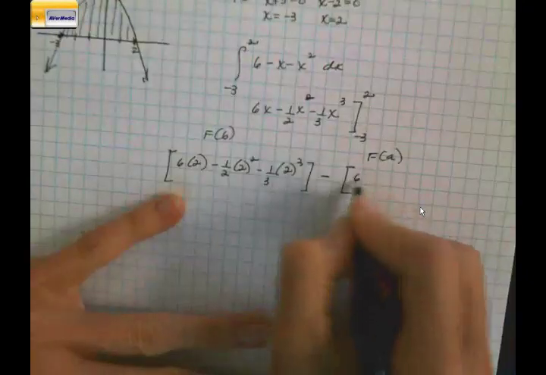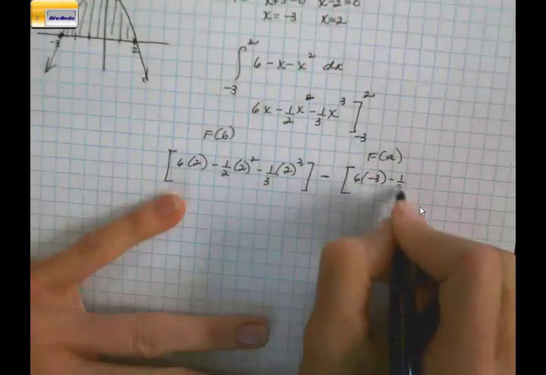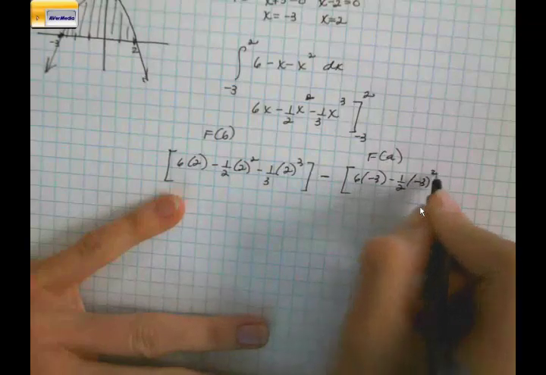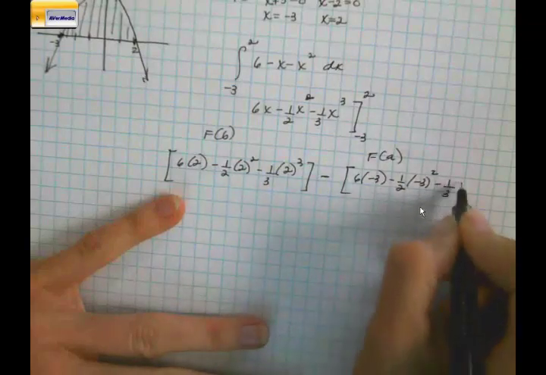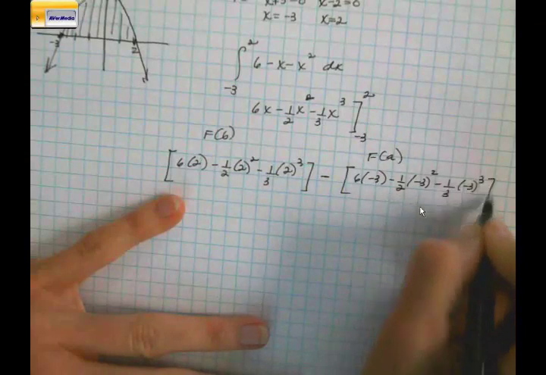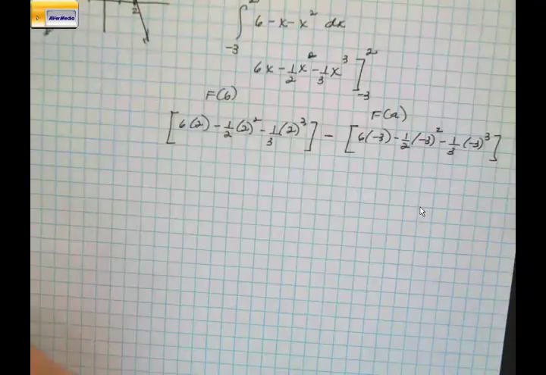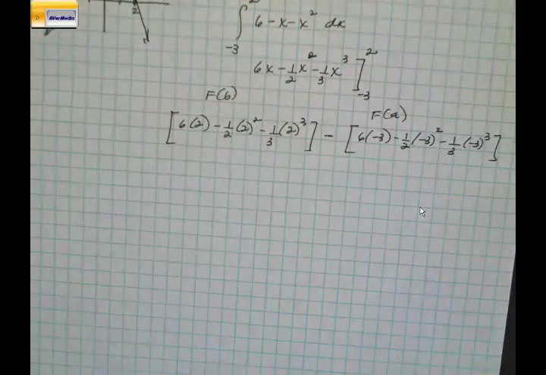So this is going to be 6 times negative 3 minus 1/2 times negative 3 squared minus 1/3 times negative 3 cubed. This better come out positive. This better come out to be a positive value.